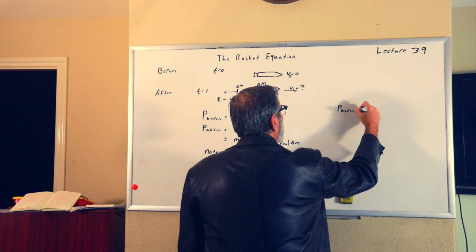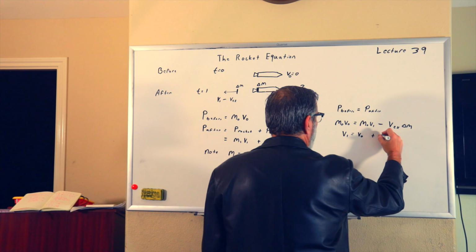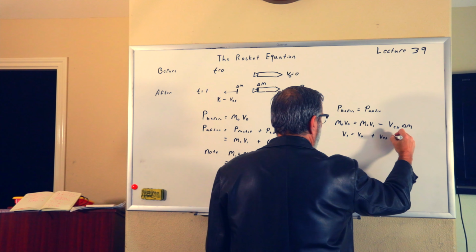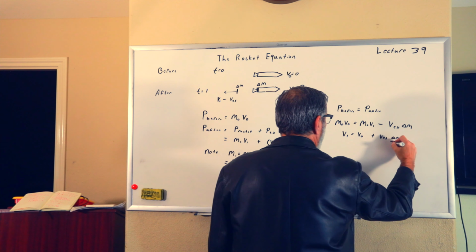That's the unknown velocity we don't have yet. So let's solve for V1. After dividing out M naught and moving the exhaust velocity over to the other side, we'll have V1 equals V naught plus V exhaust times delta M over M sub 0.